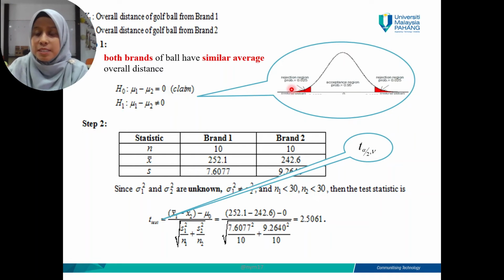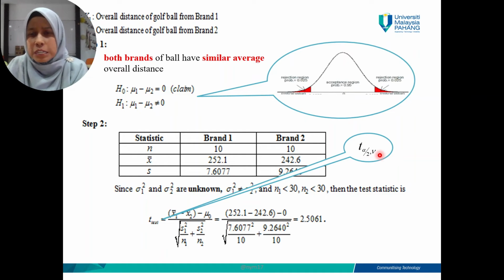Since this is a two-tailed test, alpha should be divided by 2, and nu. On the left hand side, your critical value should be negative t alpha over 2, nu. On the right hand side, it should be positive t alpha over 2, nu. Now alpha is given in the question, 0.05, so alpha divided by 2 should be 0.025.